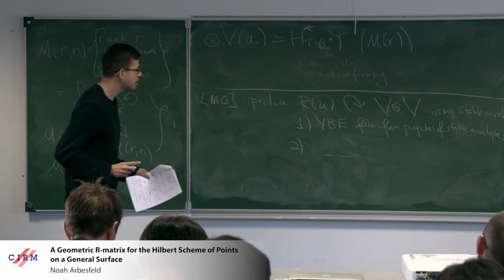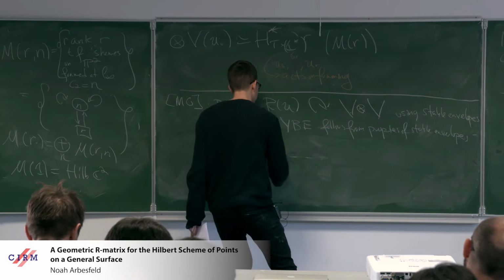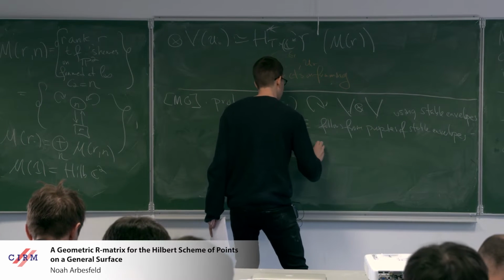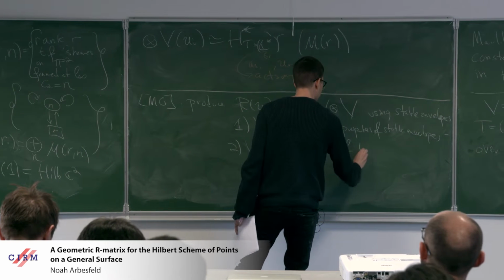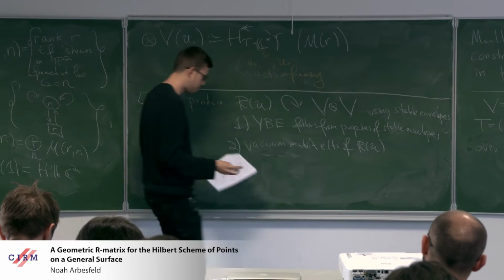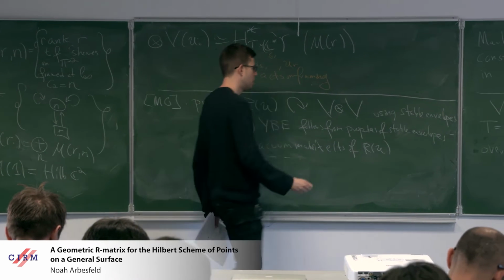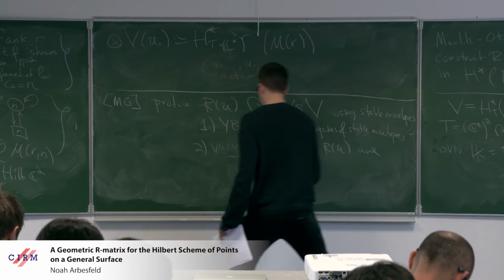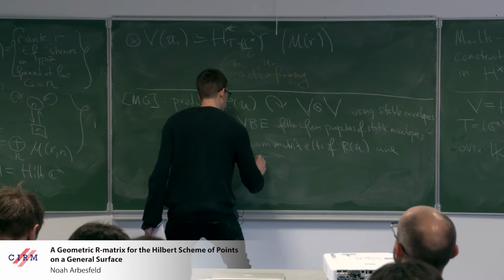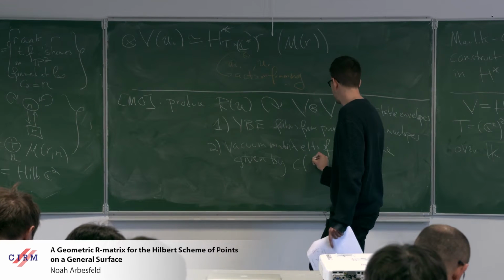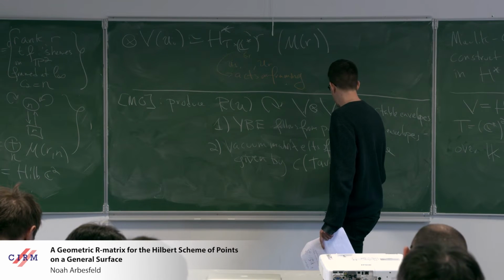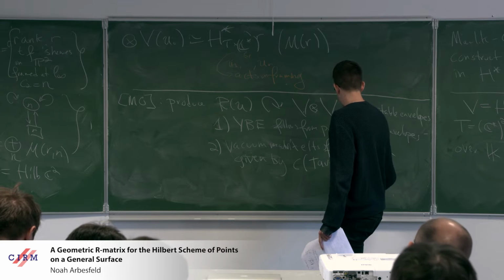And then second is that vacuum matrix elements of R(u) are given by multiplication by Chern classes of tautological bundles.